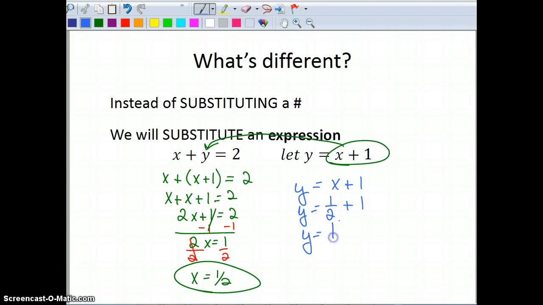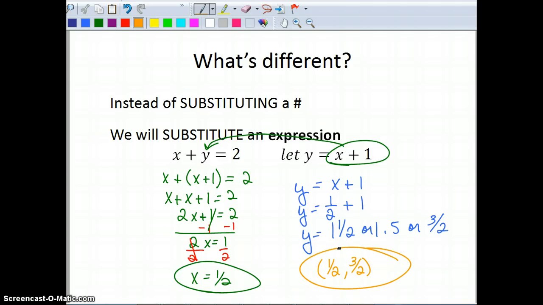So y is equal to 1.5, or you could say 3/2. And if I wanted to write that as an ordered pair, because I'm talking about an x value and a y value, the ordered pair just makes sense. My solution would be (1/2, 3/2). And that would be my solution.